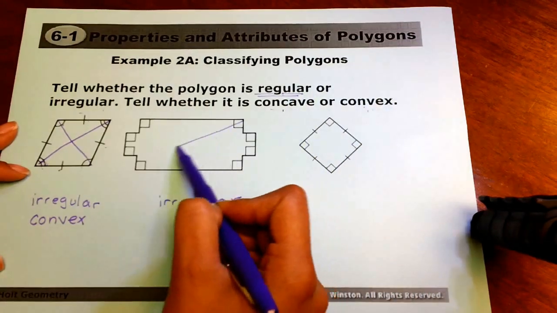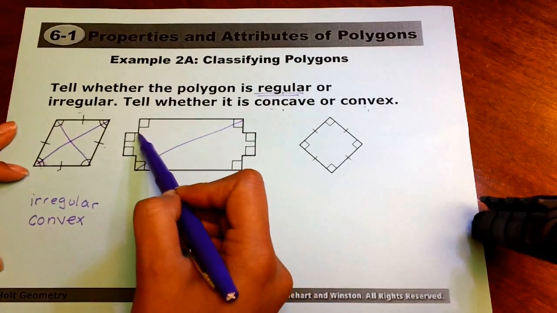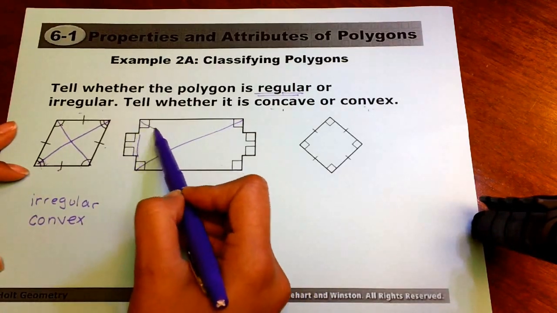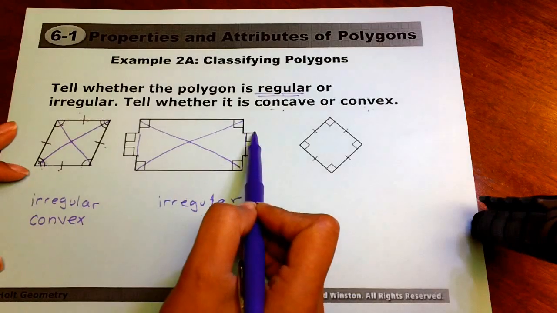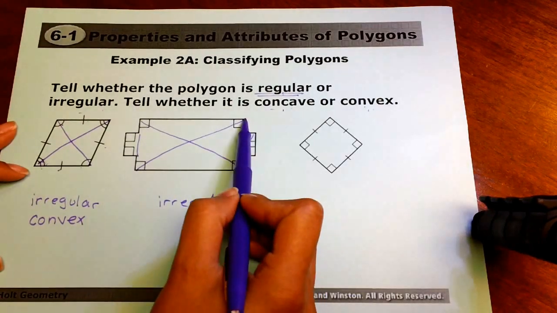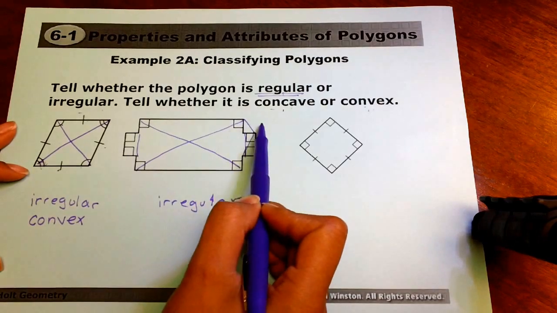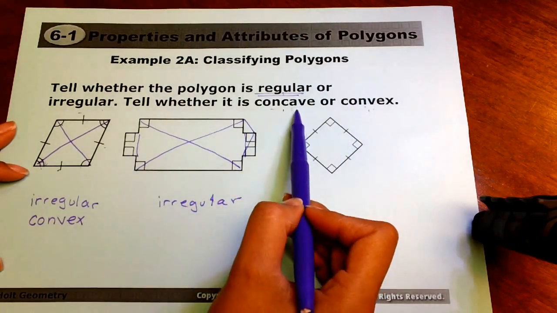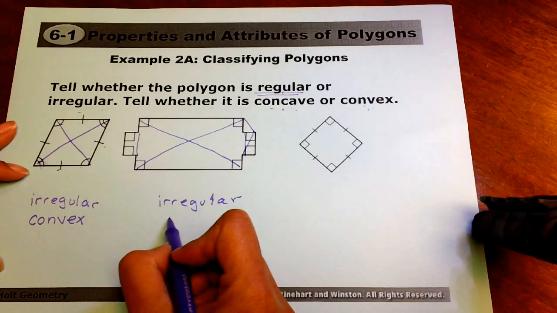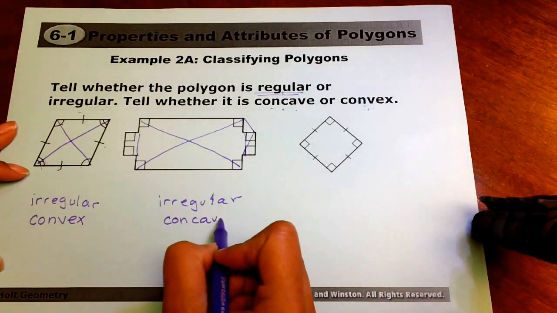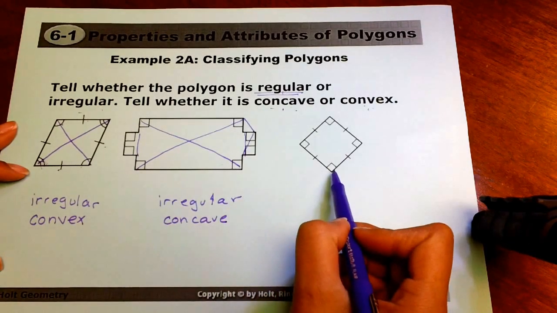This diagonal from here to here is within the shape. This one is within the shape, within the shape. The problem is when I get from this corner to this corner. That diagonal lies outside of the shape, so it's called a concave polygon.